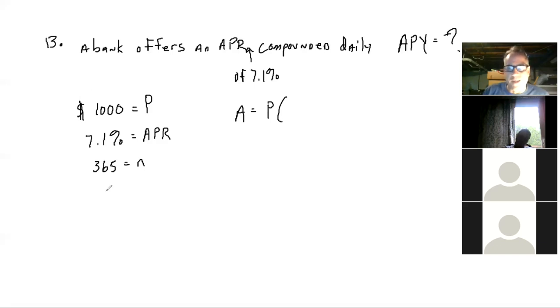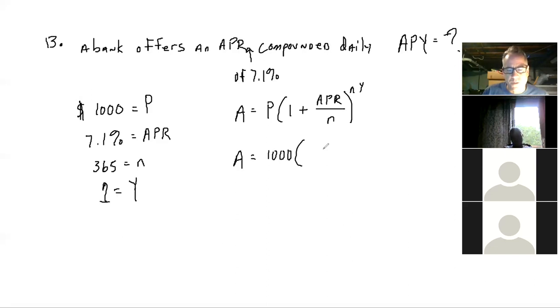Now, because we're trying to find my annual percentage yield in this problem, you use 1 for the year. All right, so plugging our numbers in. I would have 1,000 times 1 plus, now I would use 0.071, the percentage in decimal form, divided by 365.